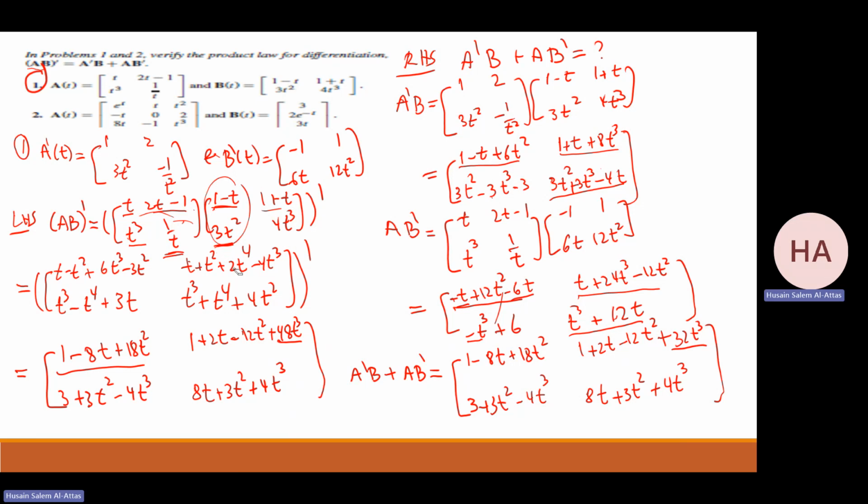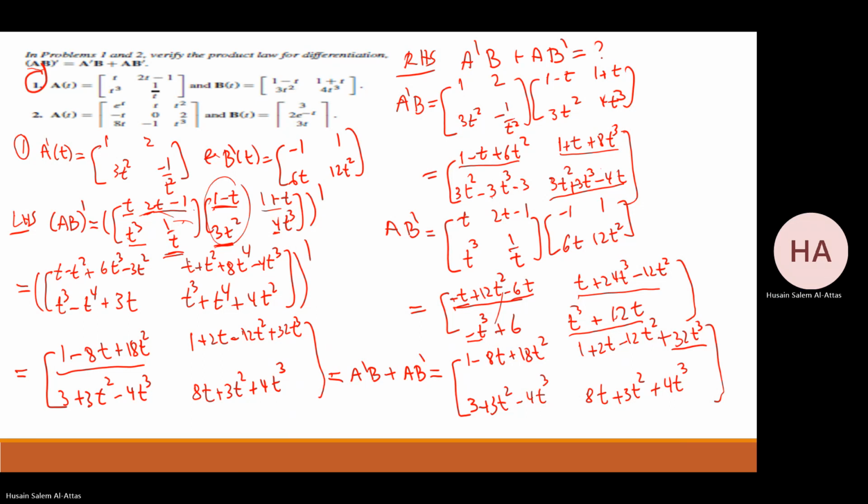Sorry, this is 8. Here is the mistake. 2 times 4 will be 8. So that will be 32. So this is correct. Now this one equals this one.